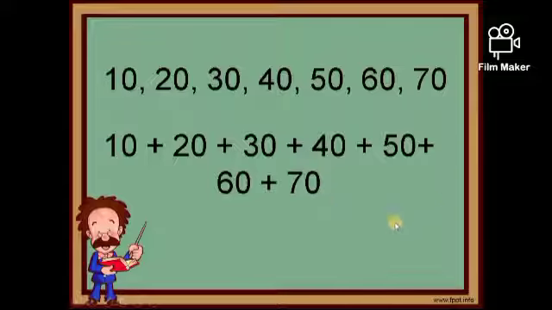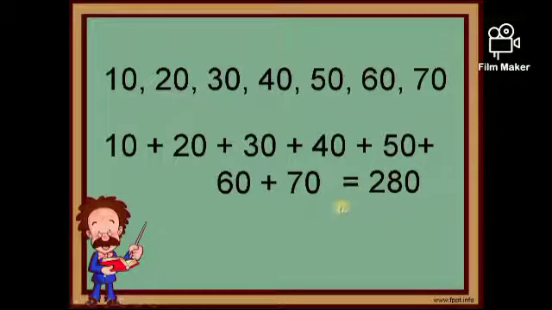So we need to take the sum of the first term, second, third, fourth, fifth, sixth, up to the 7th term. So add those together. Make sure that we get 280.